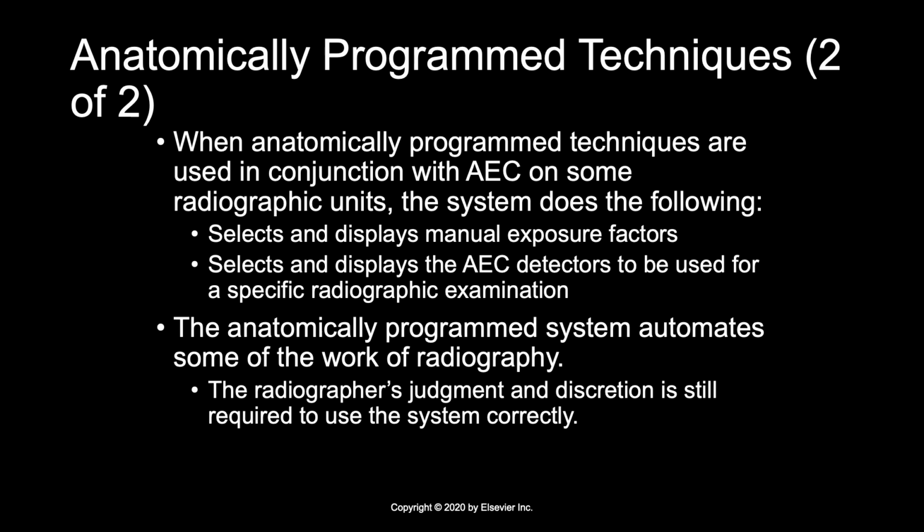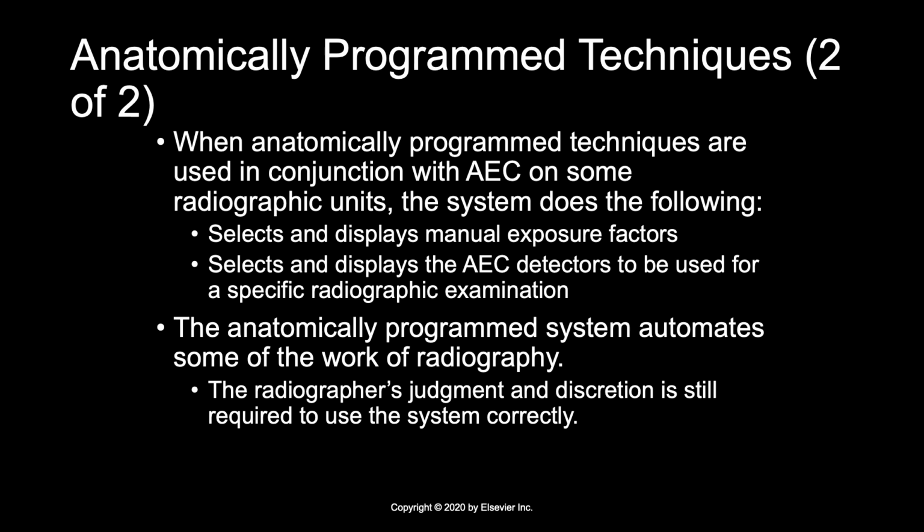But let's say we put lungs PA. We hit that button and it's going to select 120 kVp for us. It will select the upright Bucky because it's programmed in there that we do chest x-rays standing. And then it's also going to select the 2 outside AEC detectors for the right and left lungs.